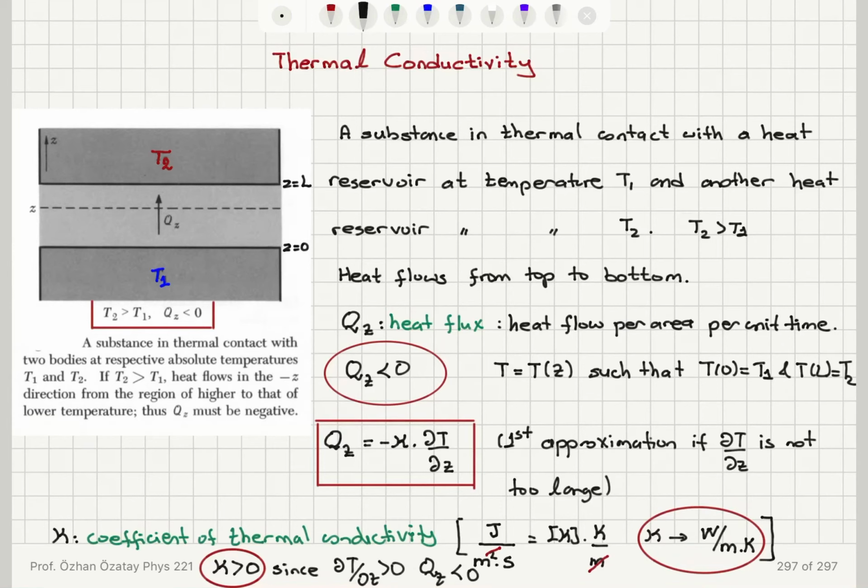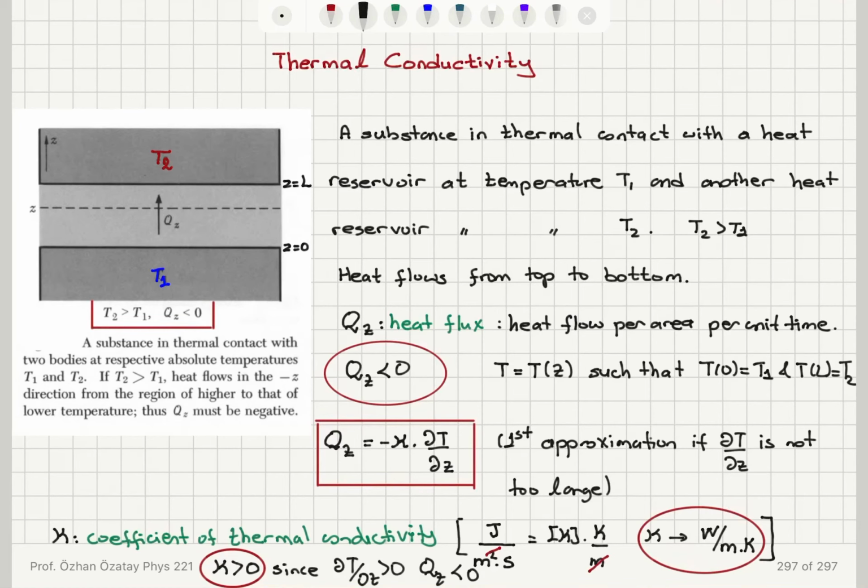The heat flux is defined as heat flow per area per time, and it is proportional to the temperature gradient with a proportionality constant minus kappa. And the minus sign comes from the fact that the heat always flows from hot to cold objects, so the direction of the heat flux is opposite to the direction of increasing temperature.